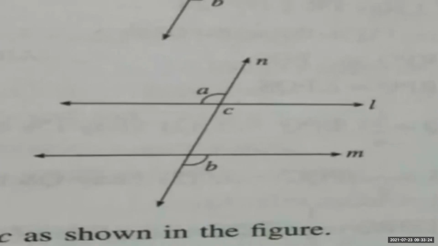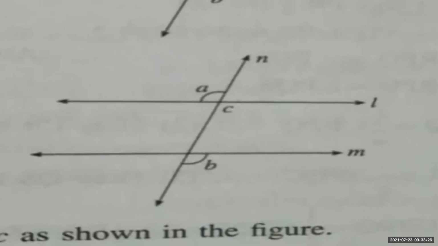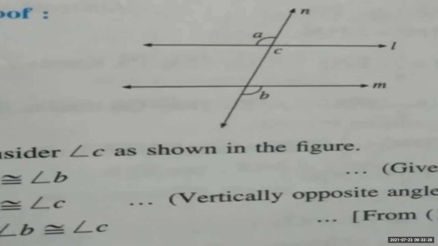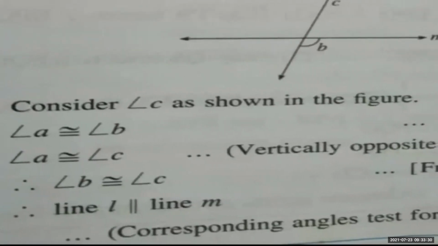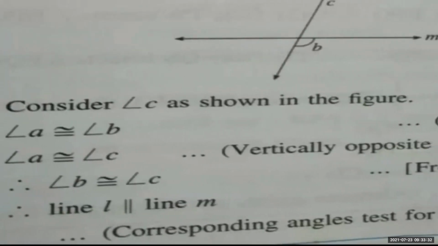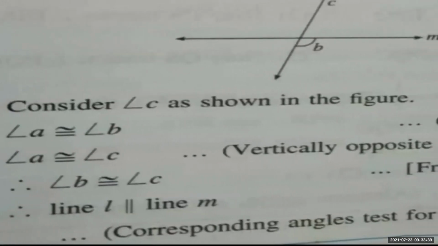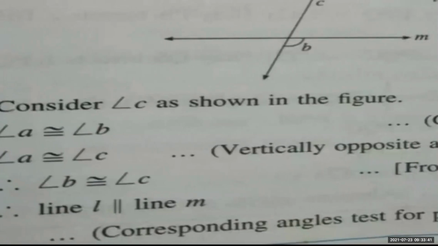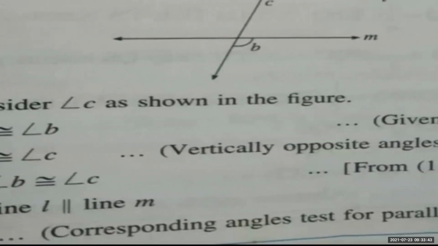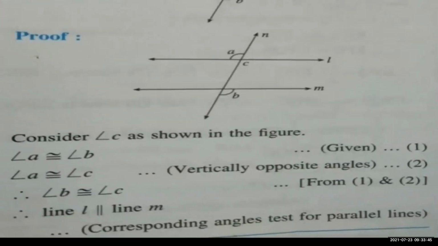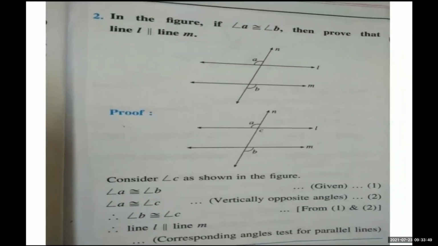So here angle B and angle C, those are corresponding angles. By that, we can say that line L is parallel to line M. And the reason will be corresponding angle test for parallel lines. So this is the complete solution of the second example.